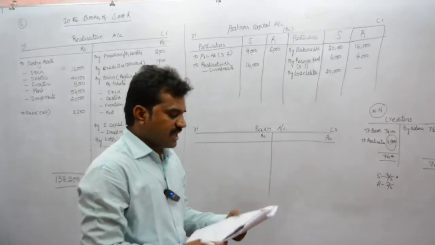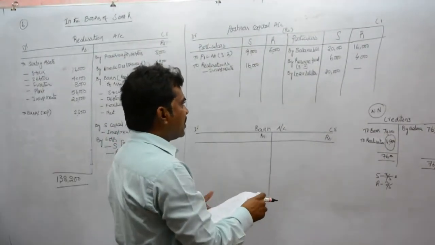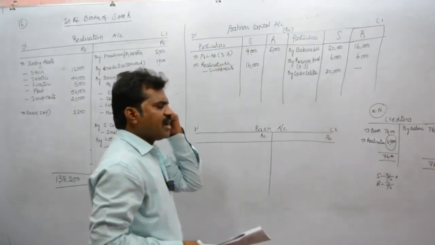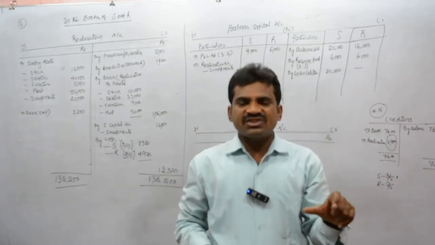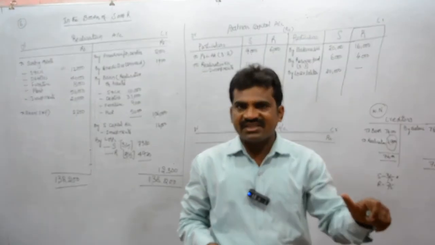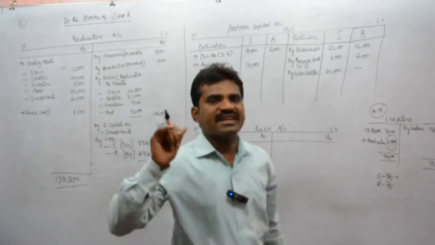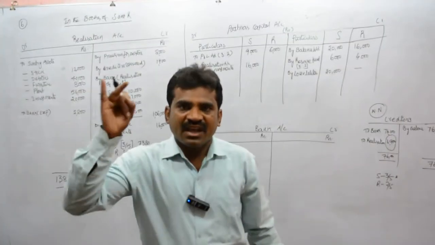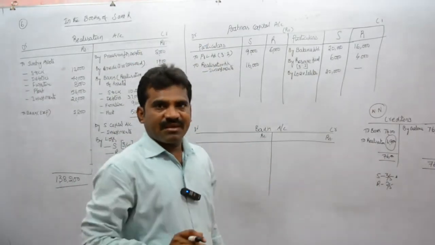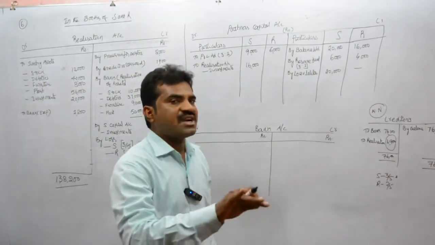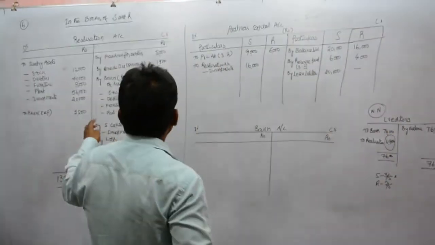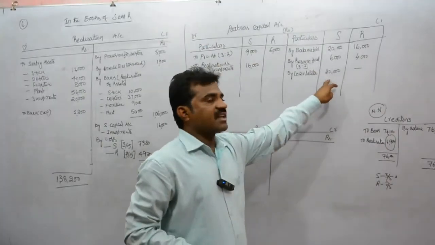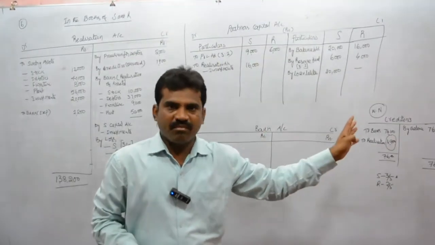And go to the balance sheet. There is another loan from R, that should be paid. See, while paying the amounts of the realization of assets, there is an order. First, we have to pay the creditors. Second, we have to pay the advances from the partners, which is different from the capital. So therefore, we have paid creditors of the firm and loan from Lalita, who is an outsider for the firm.